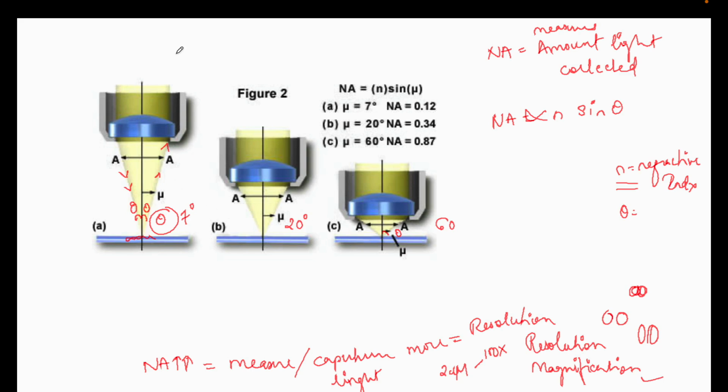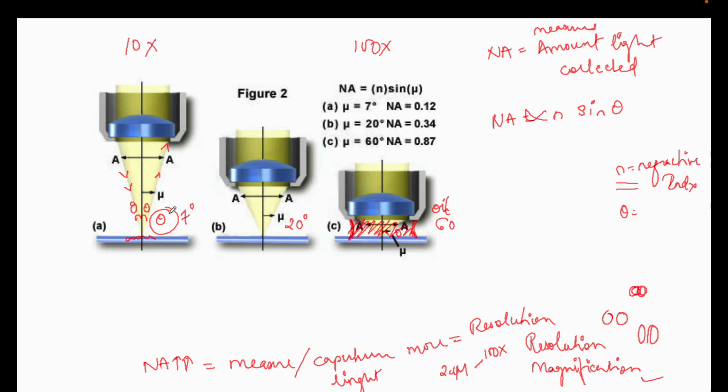Generally, when we use 10x magnification, we adjust the objective lens at a high distance, whereas if we use 100x magnification, we have to submerge the lens, and we put a drop of oil here, so that this area is completely submerged in the oil.